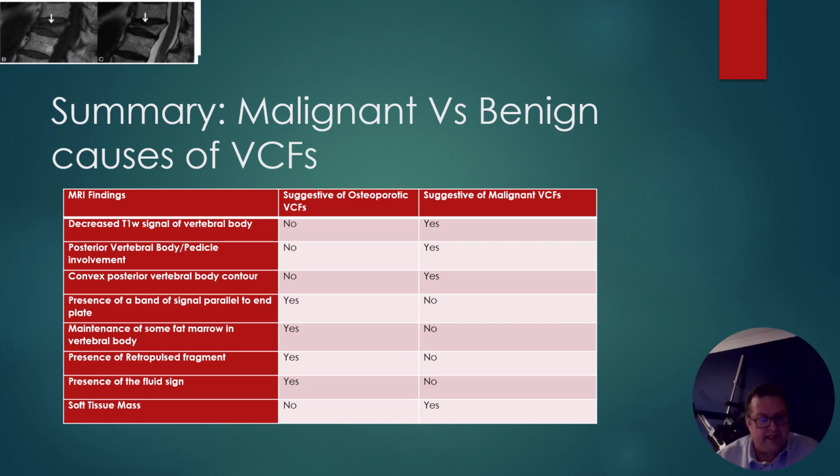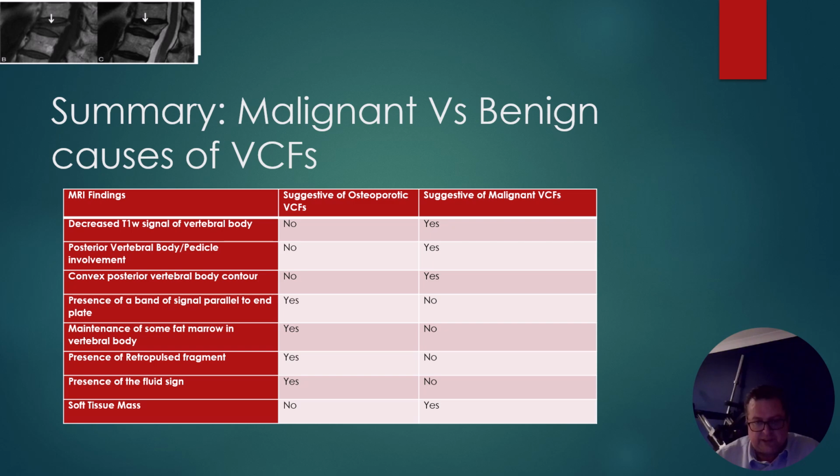Is there a convex posterior vertebral body contour? Is there that presence of a band of low signal parallel to the end plate? Is some of the fatty marrow still there? Are there signs of a retropulsed fragment? Is there a presence of a fluid sign? Is there a presence of a soft tissue mass?